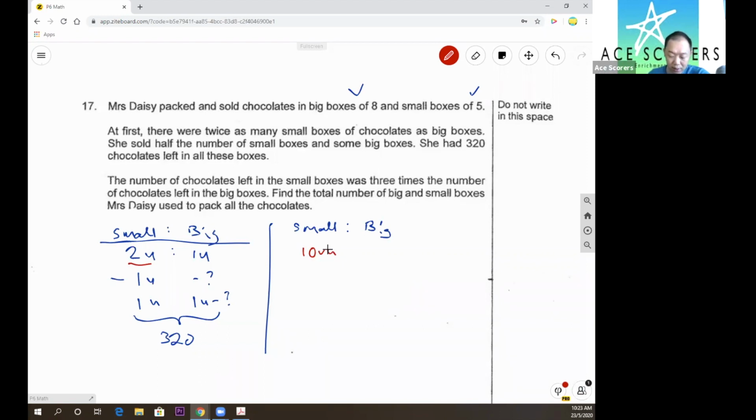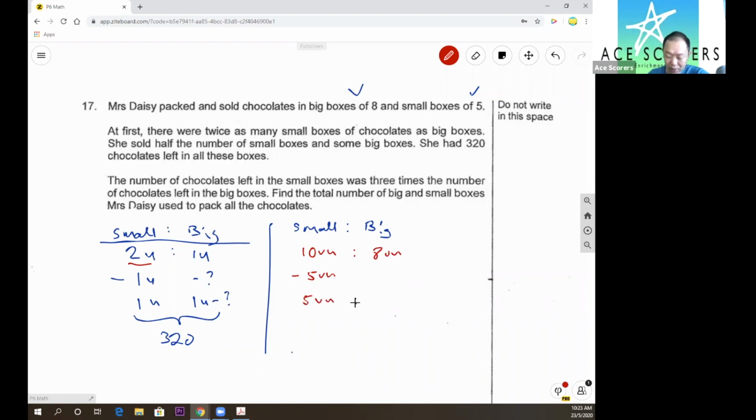And then this big one is actually 8, so it's 8 VU. Then here, minus 1 VU, so minus 5 VU. We are left with 5 VU.